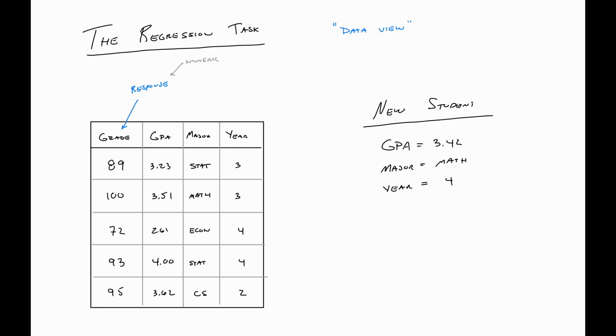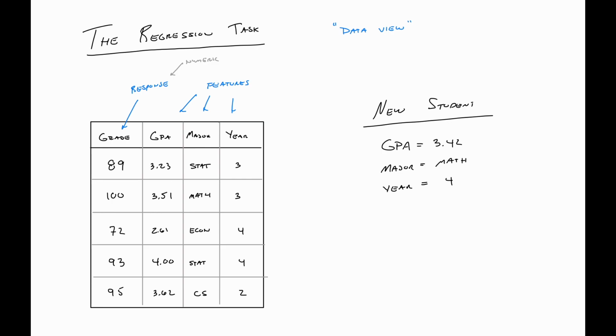Okay, so the remaining variables are what we're going to call the feature variables. GPA being a numeric quantity, major being a categorical quantity, and year sort of an ambiguous in-between situation where I'm using 1, 2, 3, and 4 to indicate freshman, sophomore, junior, senior. You could view those as categories or sort of ordered numbers. Maybe more on that later.